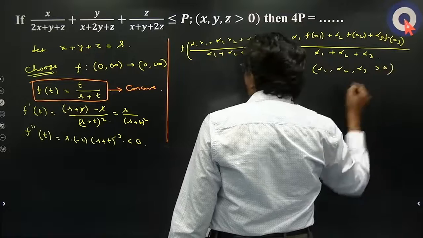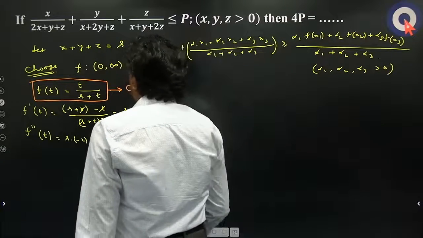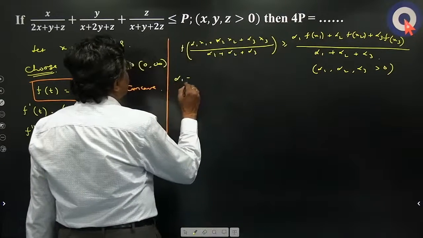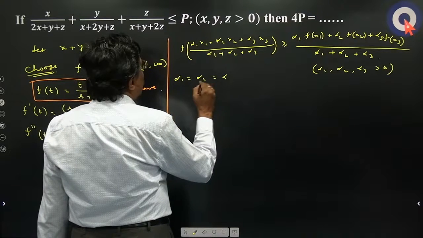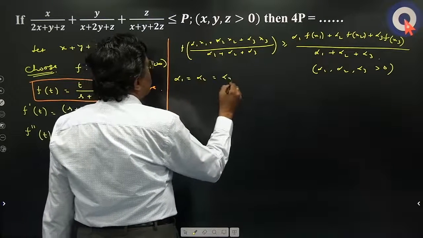So now how do we choose? I will choose alpha 1 equal to alpha 2 equal to alpha 3 equal to 1.